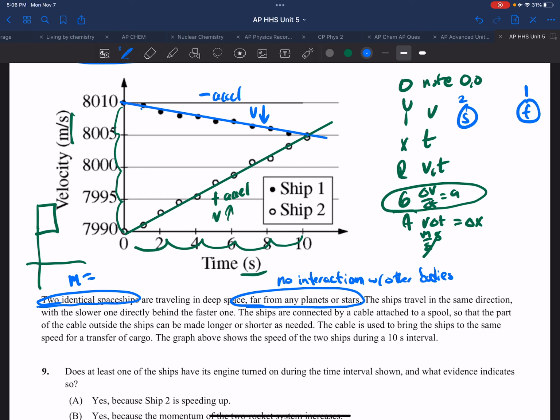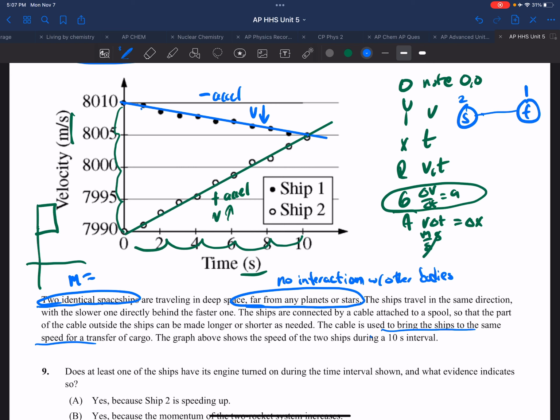All right, so the ships are connected by a cable attached to a spool. So there's a cable, and that spool allows them to change the length of the cable between them. And the purpose is that it brings the ships to the same speed for a transfer of cargo.